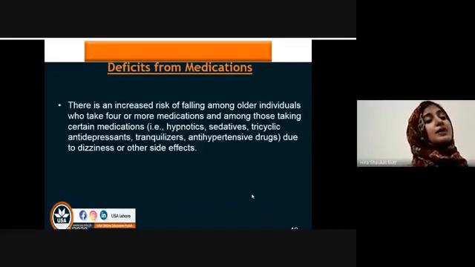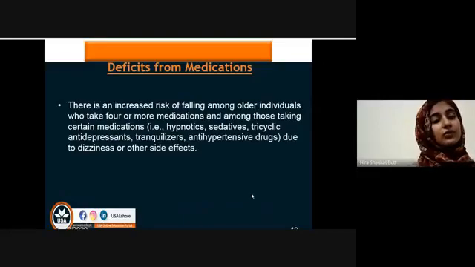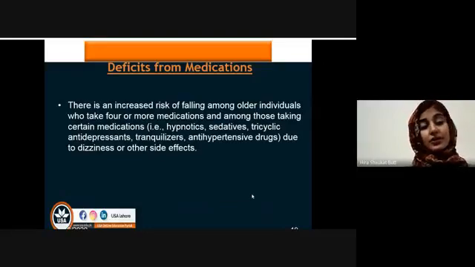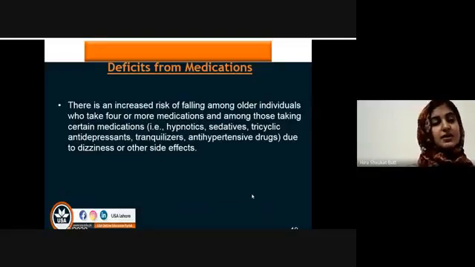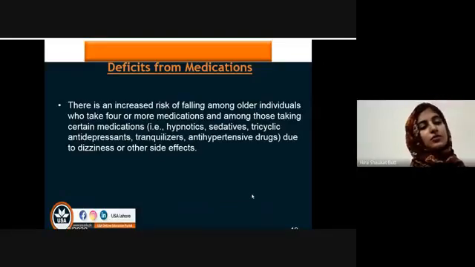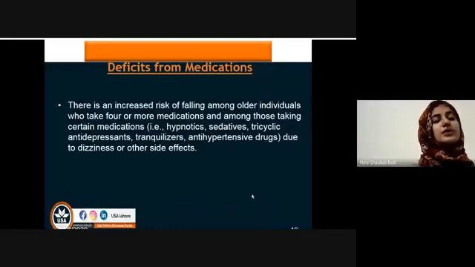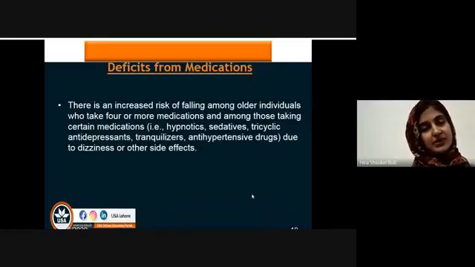And there are the deficits from medication, all the medicines that can lead to sedation: antidepressants, hypnotics, tranquilizers, antihypertensive drugs, and drugs that can cause dizziness. Sometimes antihypertensives can also lead to some kind of dizziness that can indirectly lead to a fall, postural instability, or loss of balance.